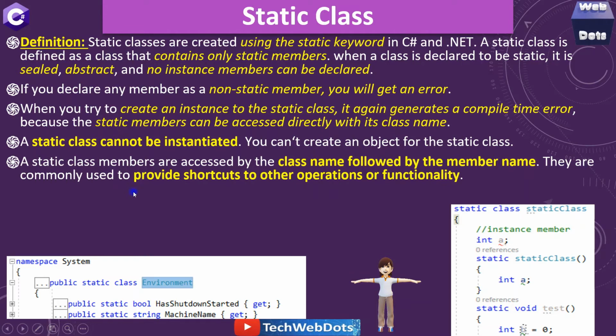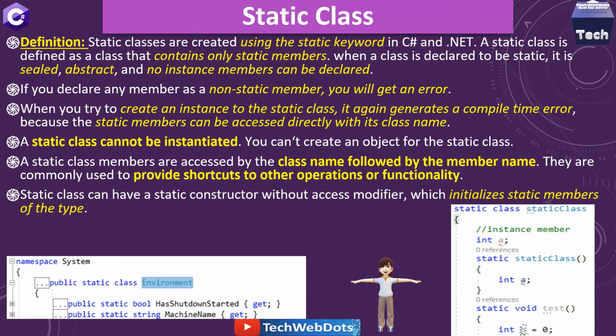They are commonly used to provide shortcuts to other operations or functionality, and only a single instance works in memory when we use static classes. Now you must be thinking, I just said there is no instance that we can create. Yes, it is created, but that is automatically managed by the C# compiler. Okay, so we cannot intervene in that process.